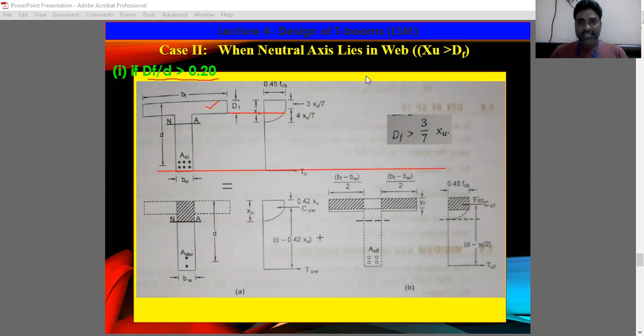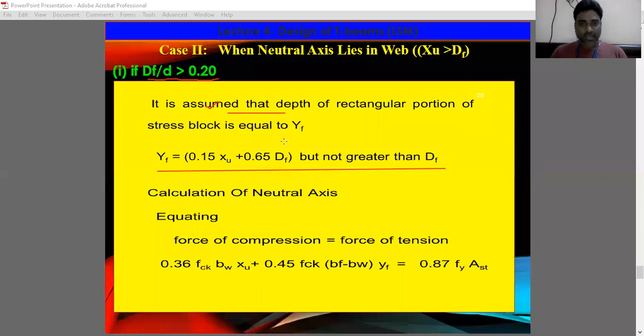So in this case, you just calculate the modified thickness of flange, that is yf equal to 0.15 xu plus 0.65 df, but it should not be greater than df. You need to check with respect to df and calculate this yf, right?